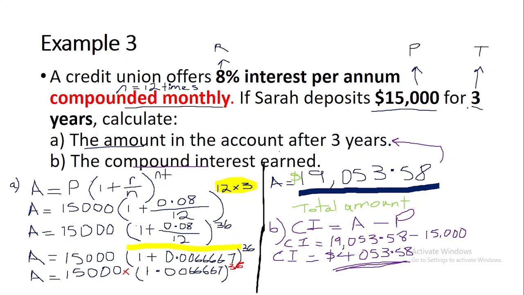So please see the difference between the formulas. If you look at the two examples that I showed you, we use this formula when we have the interest being compounded more than 1 time per year. But in most questions that I see, the interest is compounded per year.